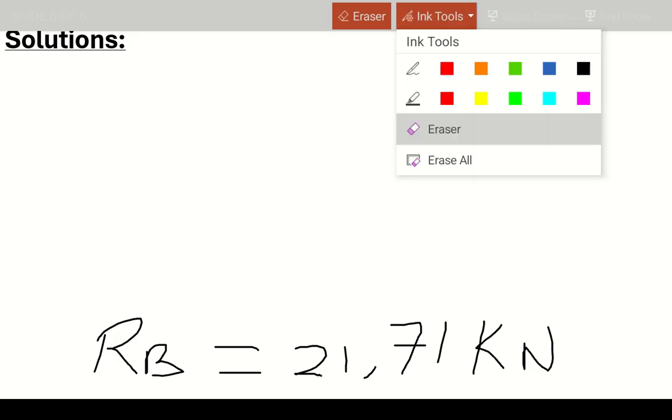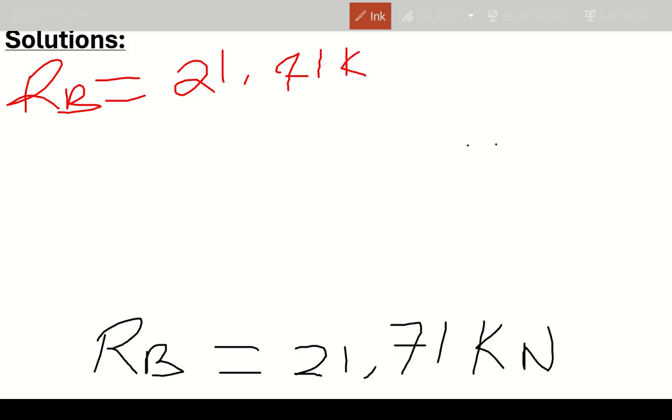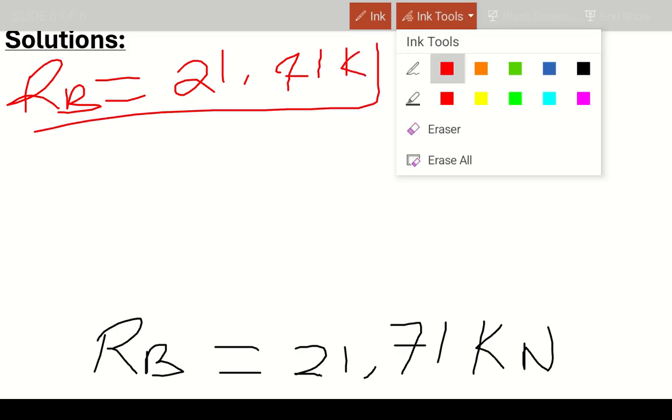So if you know this one, since you know the reaction at point B, it's simple to find the one at A, because you will just substitute.